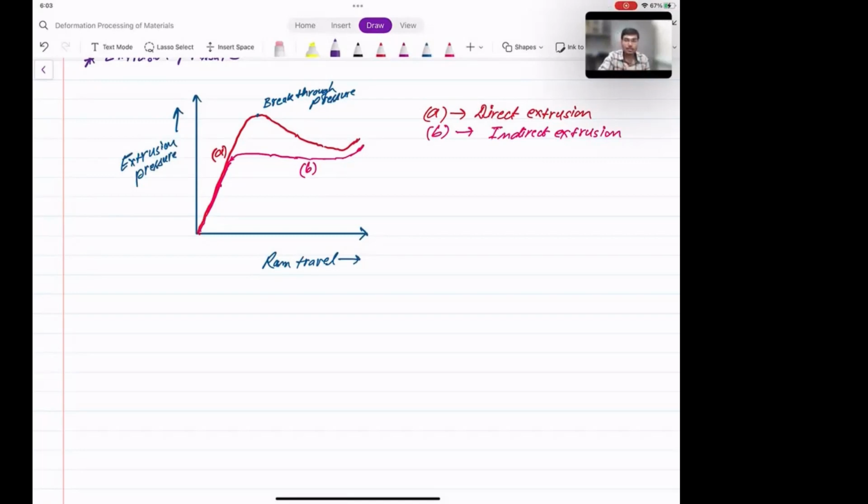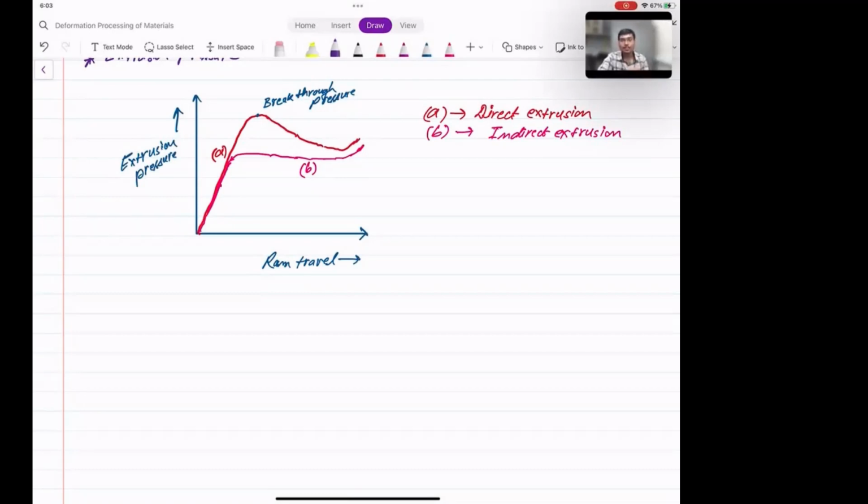But if you see the graph of indirect extrusion, you will observe that the stress or the pressure almost remains constant and does not decrease as it does in the case of the direct one. So what can be the reason behind this?